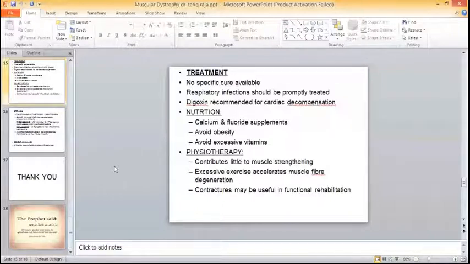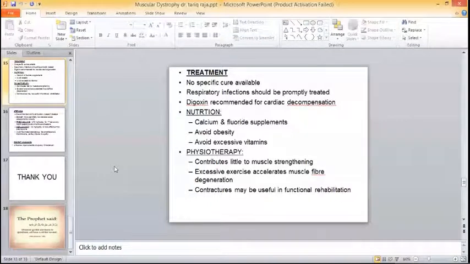Respiratory infections and involvement of the heart are the two important complications we usually encounter, and the most lethal complication is cardiomyopathy, and we have to refer the patient to cardiologists to manage that.